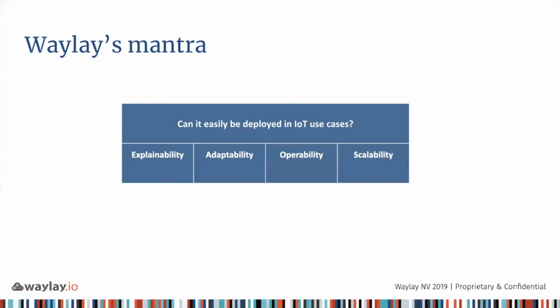And last but not least is all about scalability. Scalability is the ability to run your algorithms and your business rules against a large volume of data and a large volume of devices.